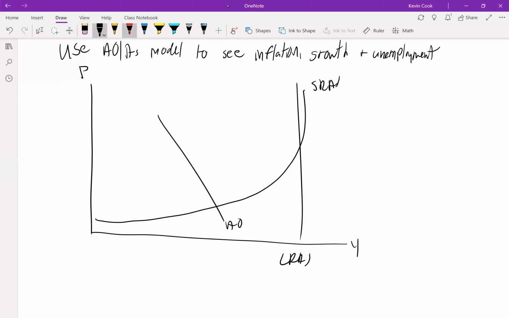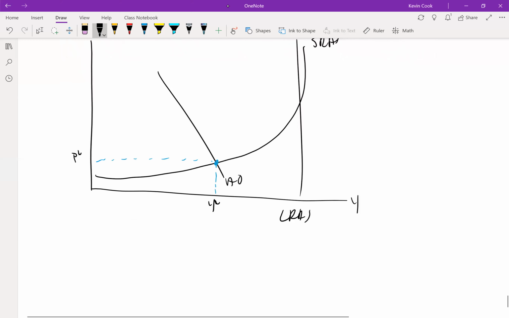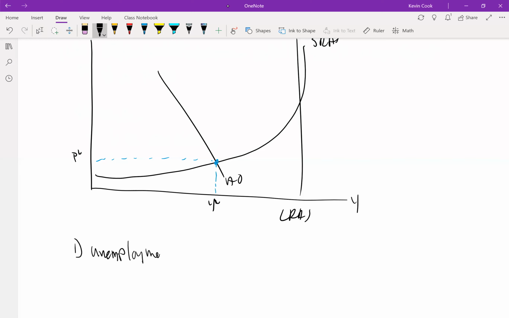So we have a couple of points. We'll see that our GDP is right here. So we have a real GDP and a price level. When we look at this aggregate demand, we can see a few things. The first bit that we can look at is our unemployment. This doesn't give us a direct unemployment rate, but it gives us an idea.